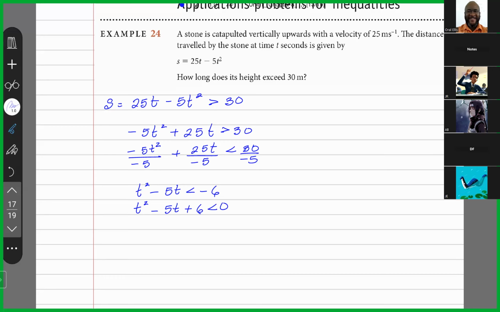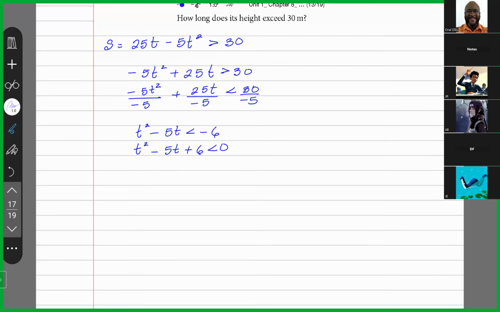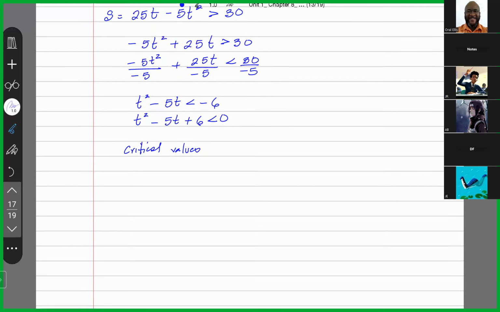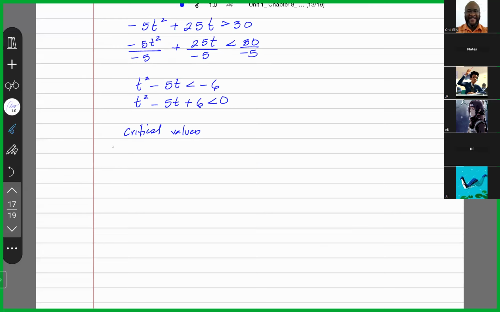So this is a quadratic inequality. To solve it, the first thing I'm going to do is find the critical values. The critical values are the values of t for which t squared minus 5t plus 6 is equal to 0.